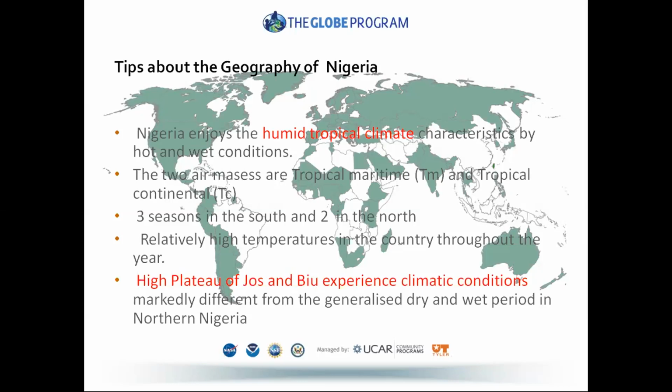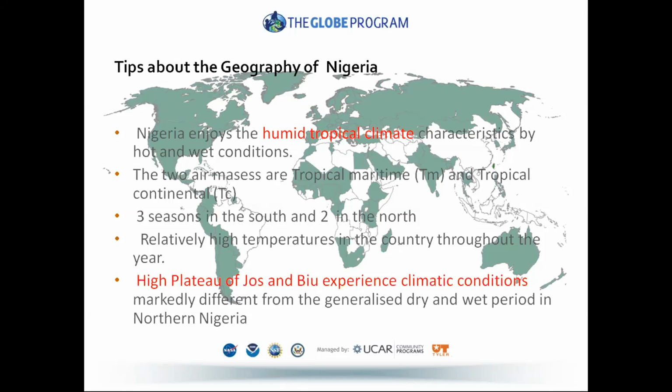Then my location, Jos, in central Nigeria, is a city located on the high plateau. Jos is one of the cities that has a high altitude in Nigeria, about 1,250 meters above sea level.